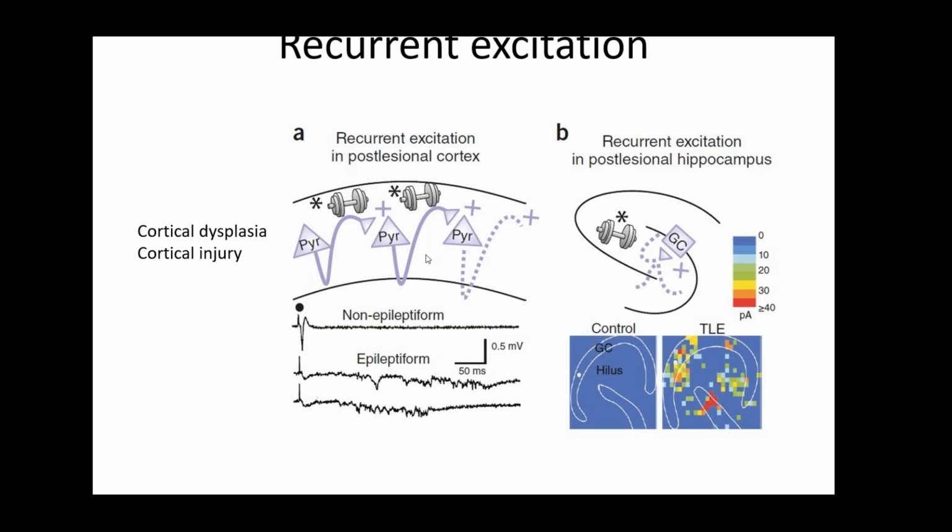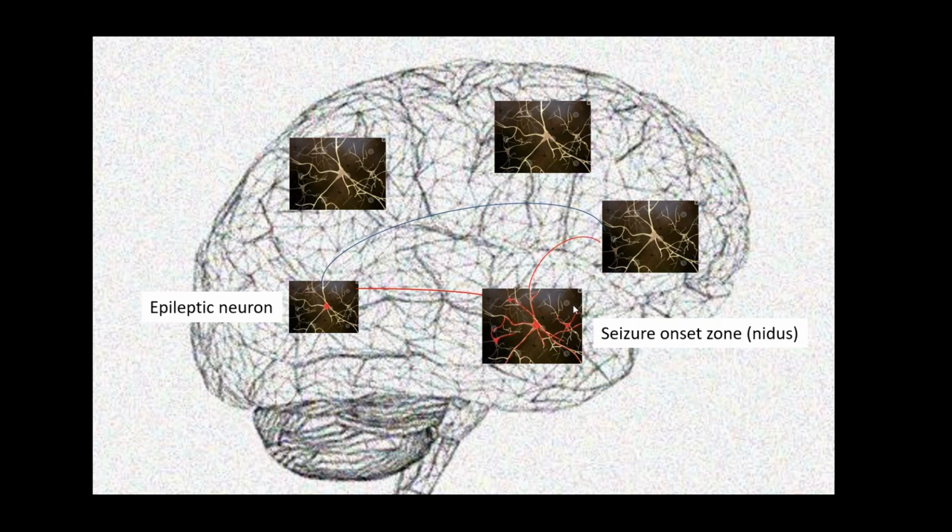All right. So all these networks eventually enhance the excitability of the network. You can have a focal epileptic network, but that's not going to be able to cause a seizure by itself.